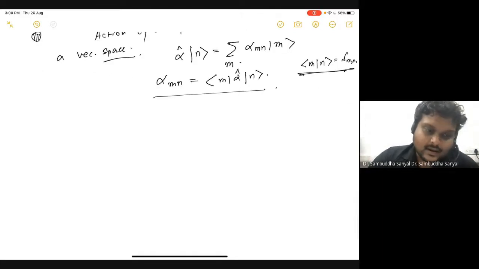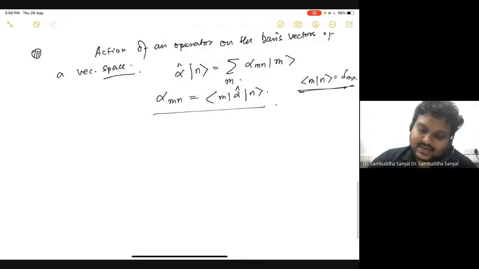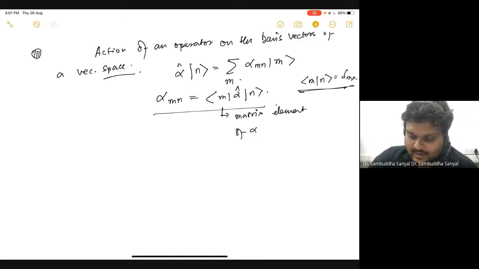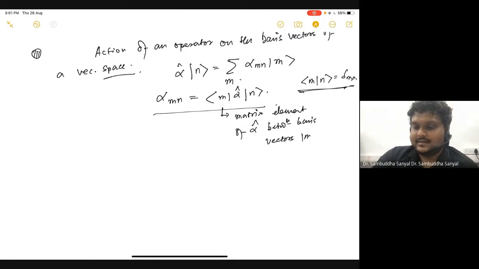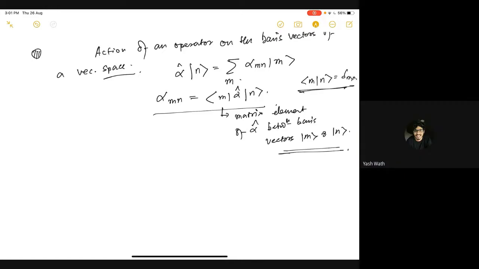Now this object is basically a matrix element of alpha between basis vectors m and n. Sir, does the set of m also include n?